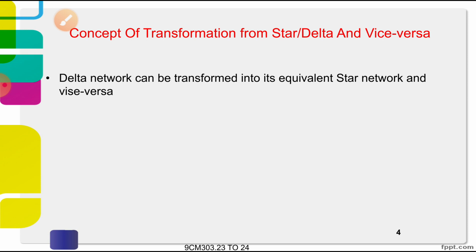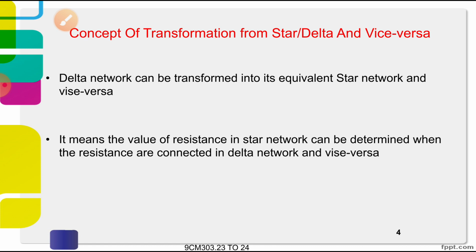It means that the value of resistance in a star network can be determined when resistances are connected in delta network and vice versa. If the values are given in star, we convert to delta. If the delta values are given, then we convert to star. Okay, so this is a good example.